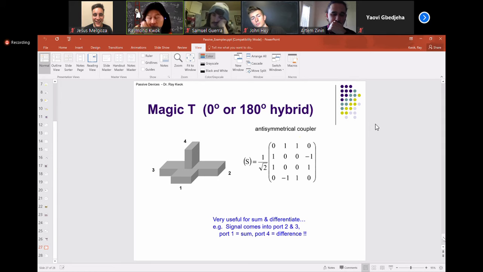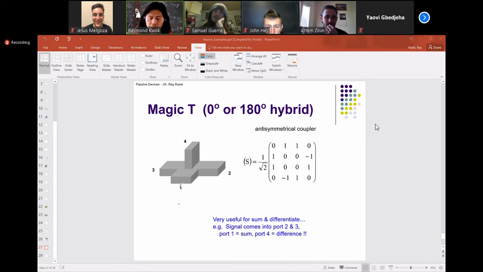The last one is for waveguide. We have something called the Magic T. It is a T network. The T network does pretty much exactly what the rat race does. Let's look at this again.